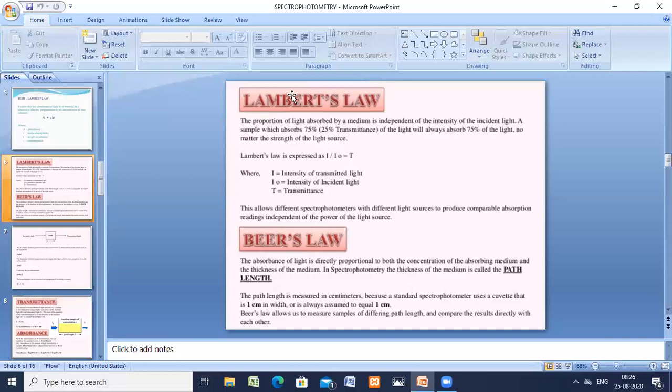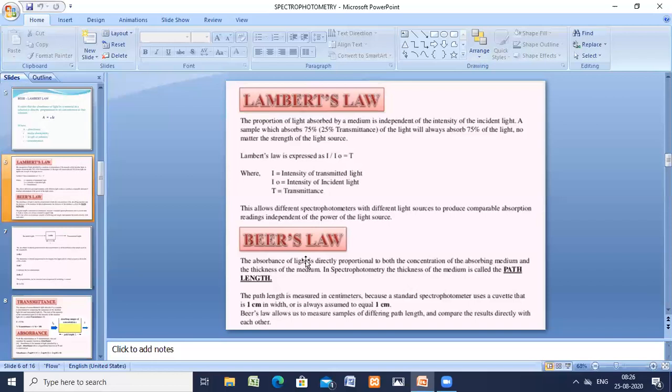So Lambert is about the length and Beer is about the concentration; combining both of them, one is the thickness and one is the concentration. The intensity of monochromatic light decreases exponentially as the concentration of the absorbing medium increases. That is Beer's law.